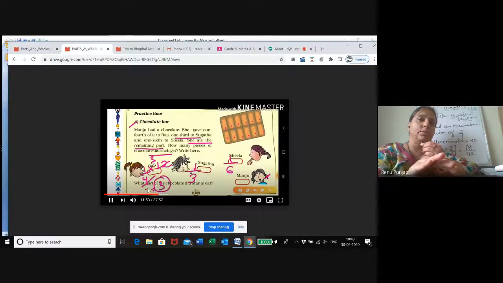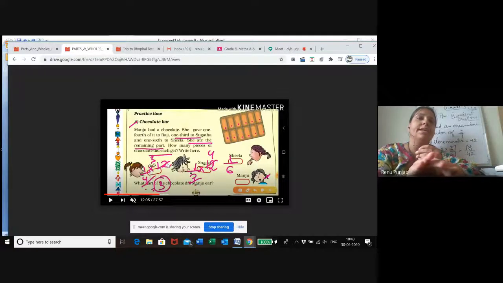So 1/4 multiplied by 12. Now this 12 will be divided by 4. How many times does 4 go into 12? 4 threes are 12.